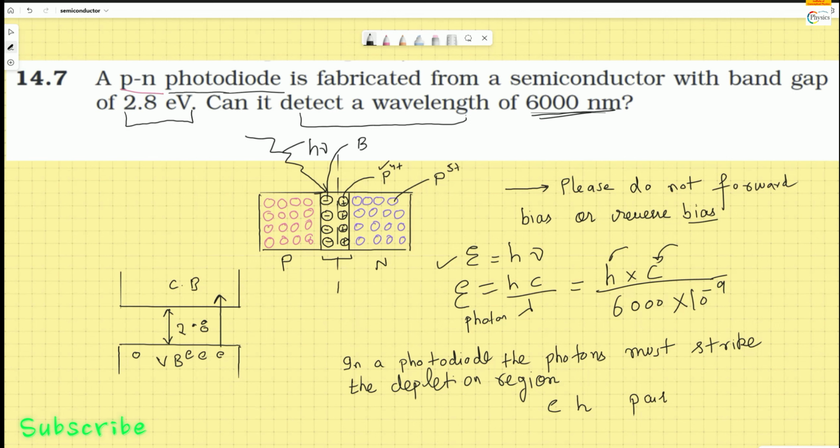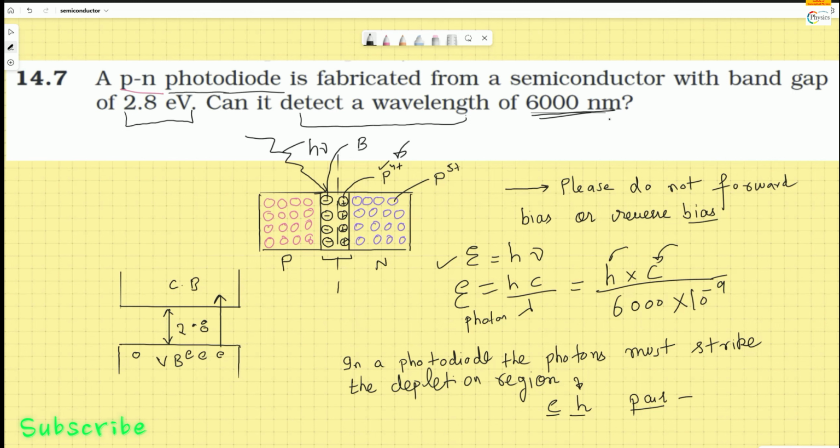Boron is getting negatively charged, and it lost the hole and it got depleted in the depletion region. And when this pair gets created inside the depletion layer, an electron is released from the phosphorus ion, and a hole is released.